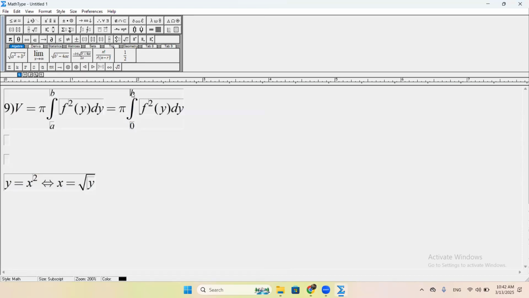So from 0 to 4, y dy, and we integrate this function. So the following integral, p over 2 y square with substitutions from 0 to 4. So it will be 8p.